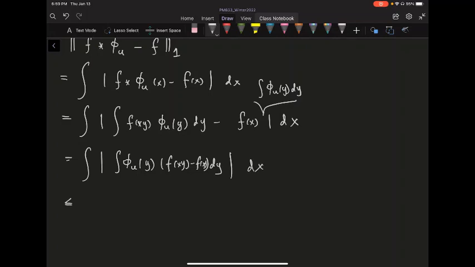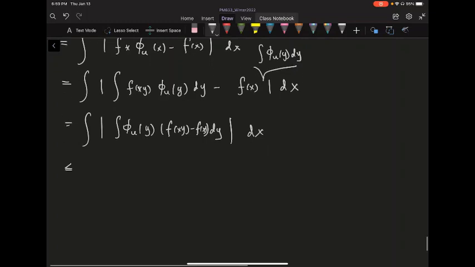All right, so let's move the absolute value inside and we can do a change of integration. So this whole thing is going to be bounded above by the integral of, let's integrate dx first. So phi_u of y is not related to that.